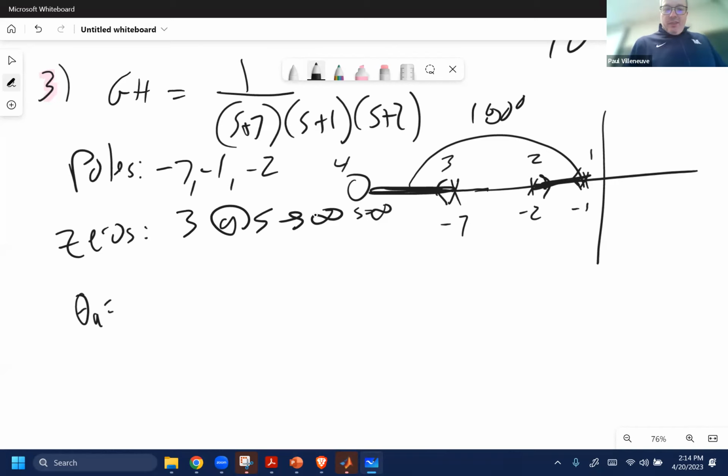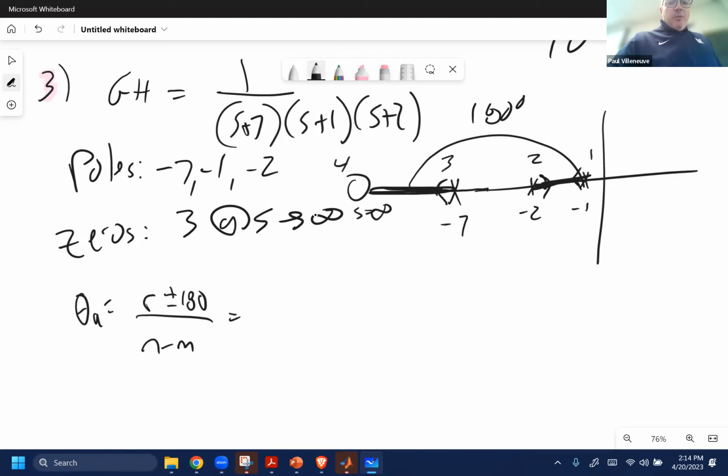I don't know why I didn't put the equation up here, but I know this is n minus m, and this is r times plus or minus 180, and r will never exceed n minus m.